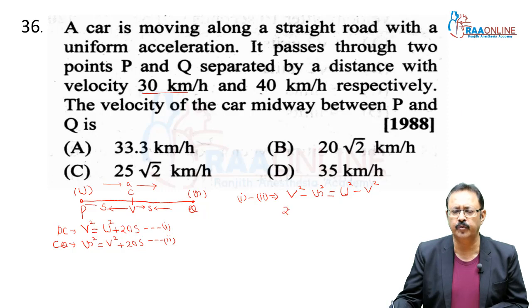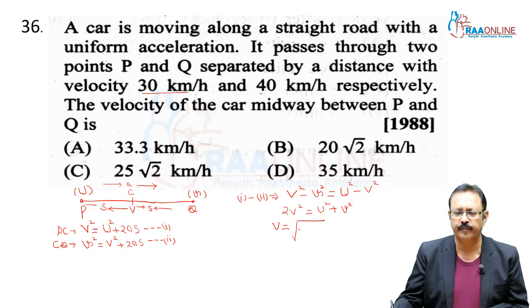So I am getting 2V square is equal to U square plus v square. So what we are getting for V? Square root of this.